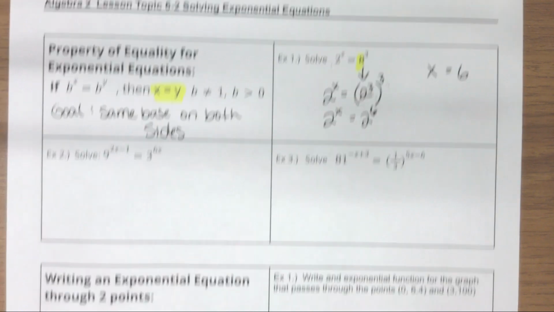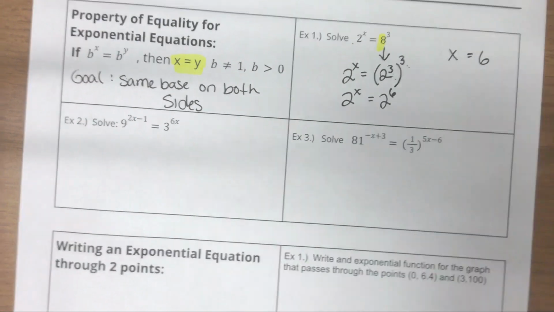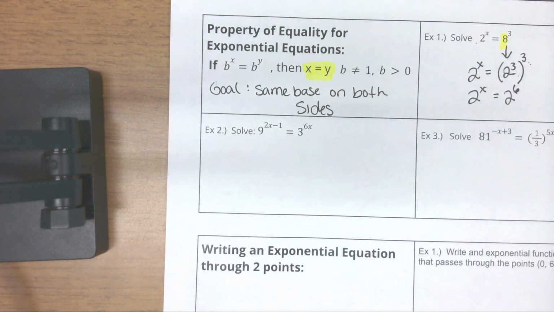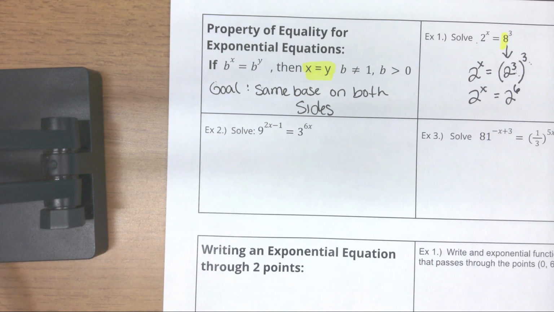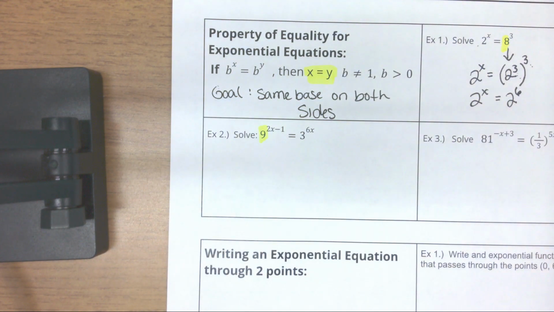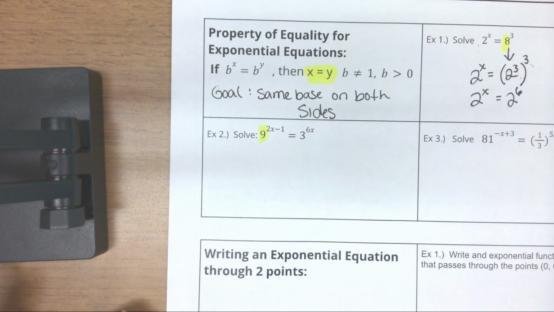Example 2. All right, so I want to take the higher base. What's the higher base? 9. I'm going to rewrite it as the other side. 9 is what? Write it as an exponent of 3. 3 to the 2nd.